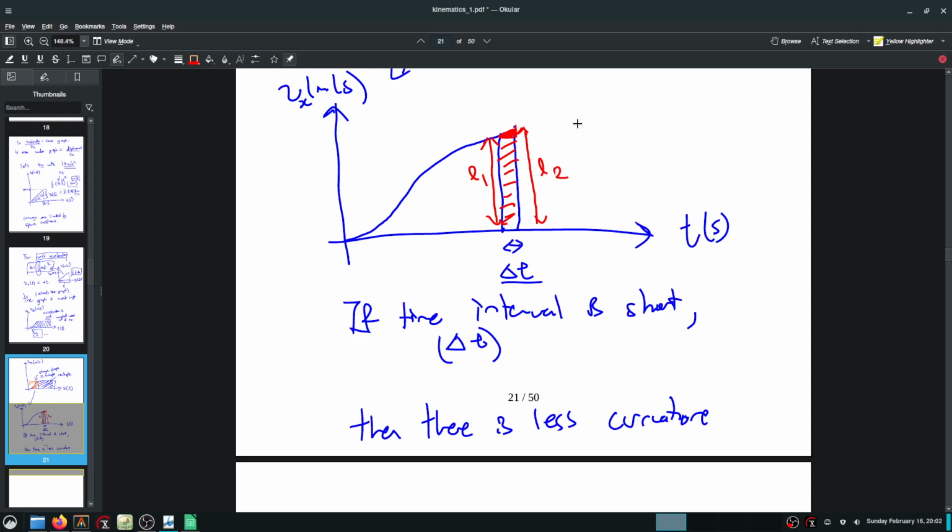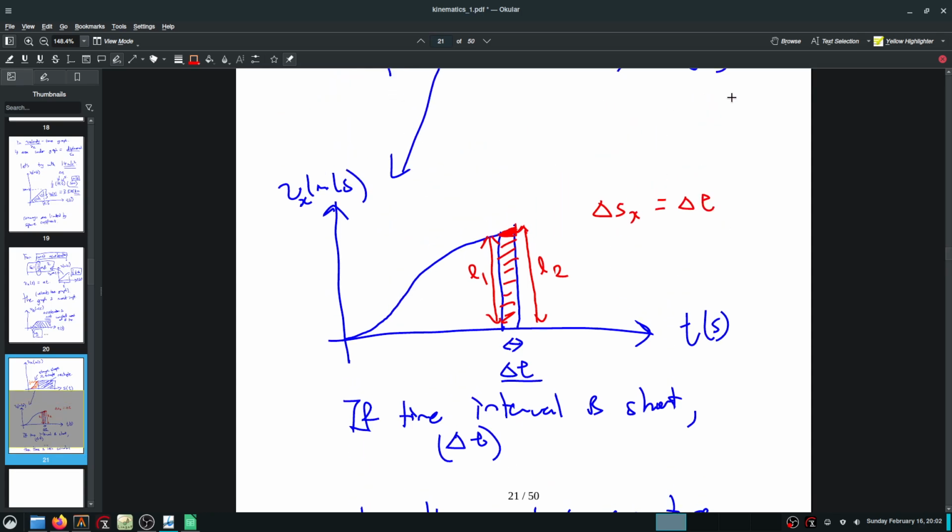So the small distance traveled is equal to this small delta t times half of L1 plus L2. This is the trapezium formula: half (L1 + L2) times delta t.